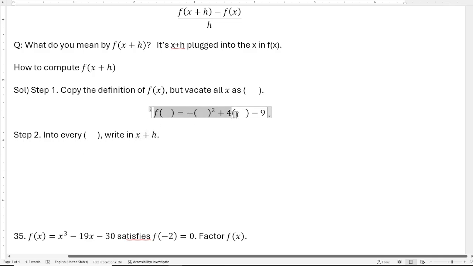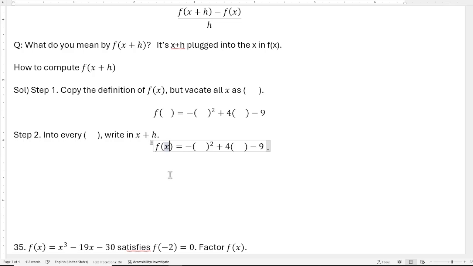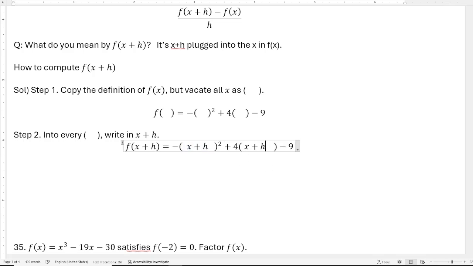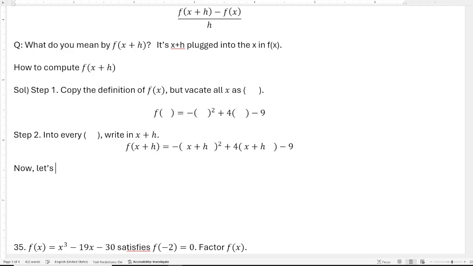If you don't follow this, it's likely you're going to get it wrong. So step 2 says put in x plus h for this one, put in x plus h for this one, put in x plus h for this one. Okay. Right. Now you have this. Now let's simplify.